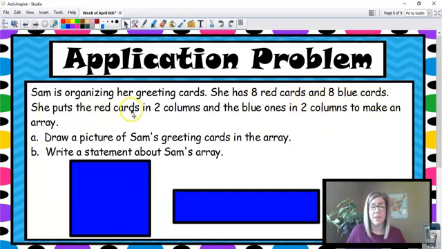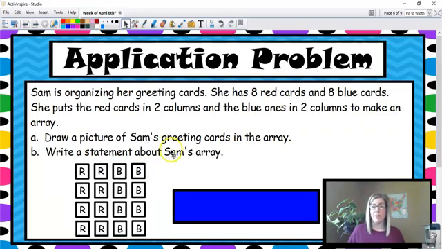She puts the red cards in 2 columns. Remember, columns are vertical. And the blue ones in 2 columns to make an array. This is a picture of what her array would look like. 2 columns of red cards, 2 columns of blue cards.